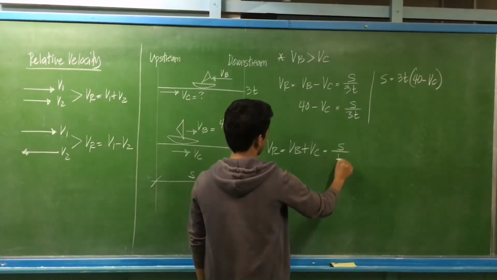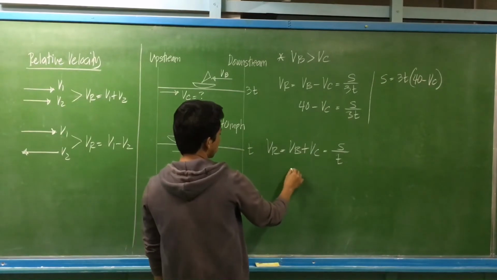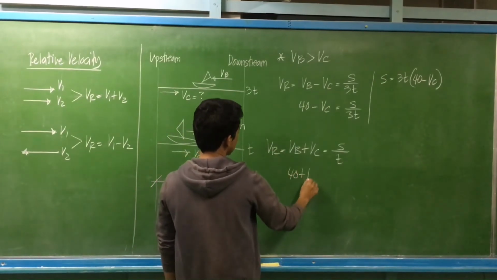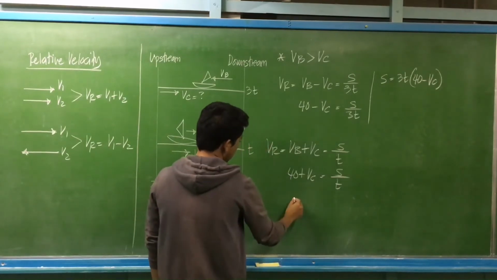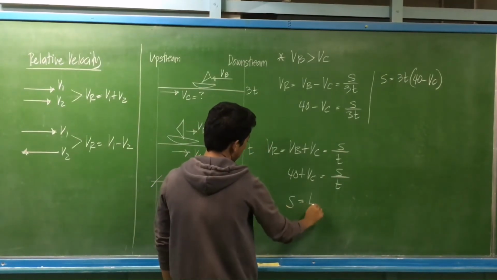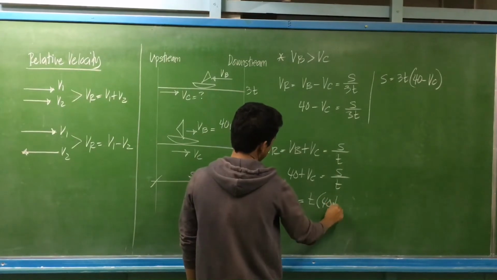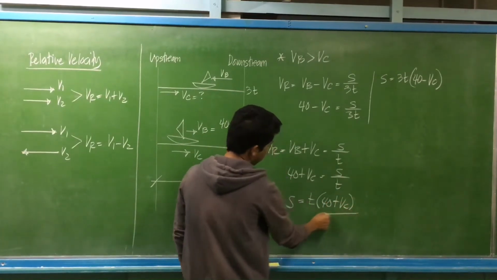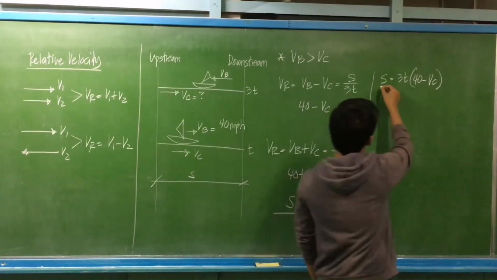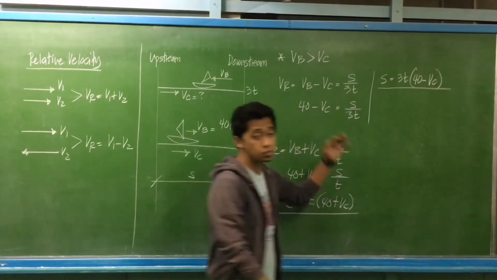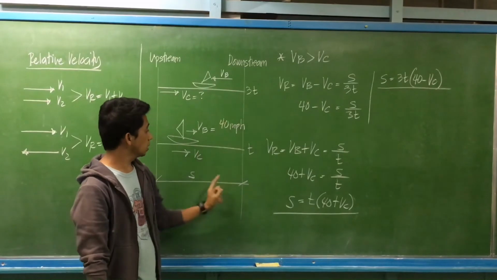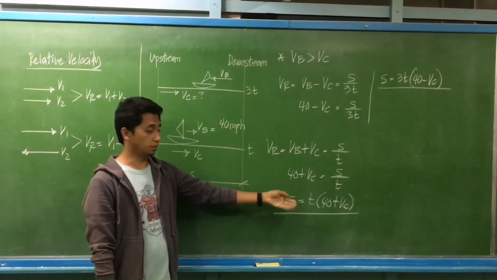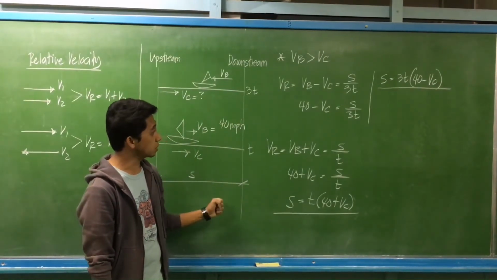The velocity of the boat is 40 plus the velocity of the current, equal to distance over time, or the distance is equal to time multiplied by 40 plus the velocity of the current. So we have two equations for distance. S equal to 3t times 40 minus Vc for this case, and S equal to t multiplied by 40 plus Vc for this case.